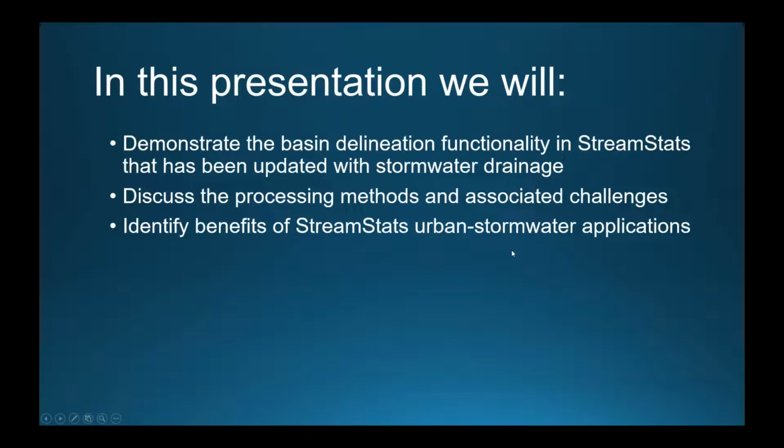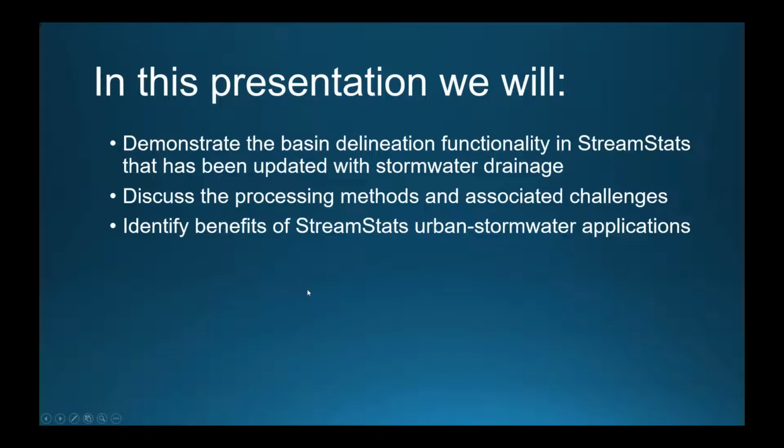So in this presentation, there'll be a demonstration on how StreamStats works in the Mystic River Basin, particularly on stormwater drainage. It's quite a development with StreamStats tools that I'm very excited about.